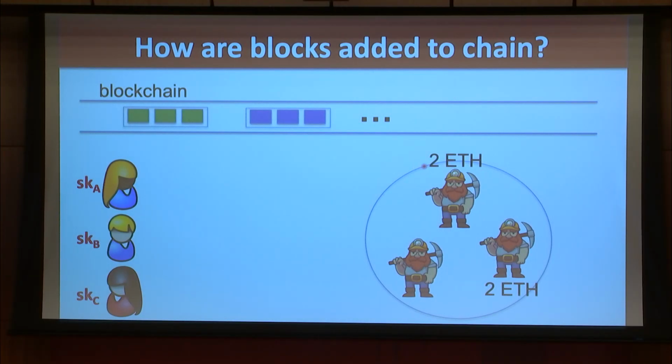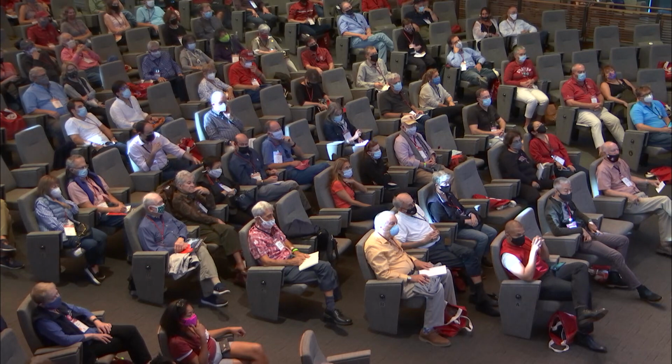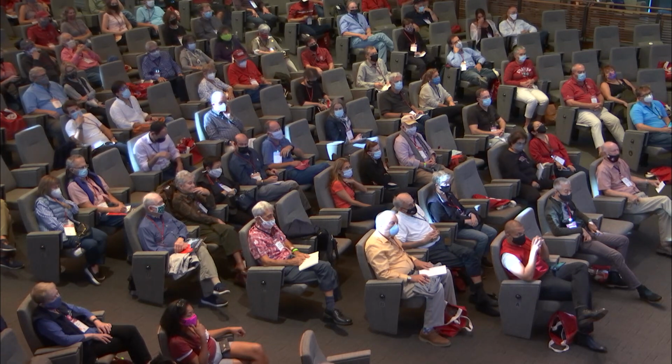So the question is, where is this money coming from? How are they compensated? This is a really cute idea that Satoshi, the creator of Bitcoin, came up with, for how we pay the miners for their work. I wish I could pause and have you guess, but I'll just tell you: the place where these 2 ETH come from is literally inflation.